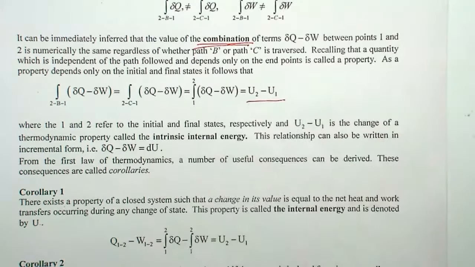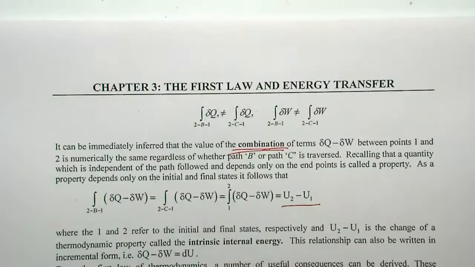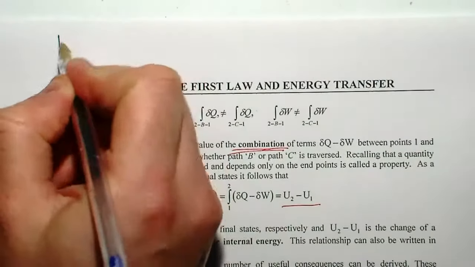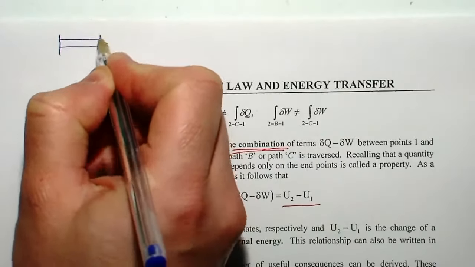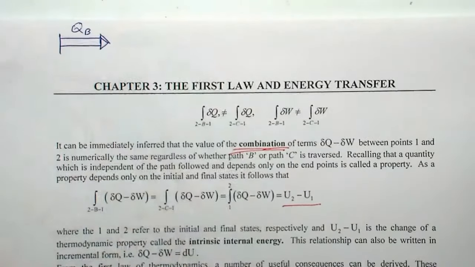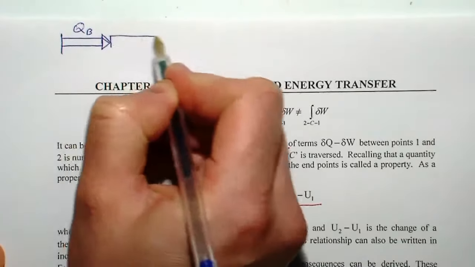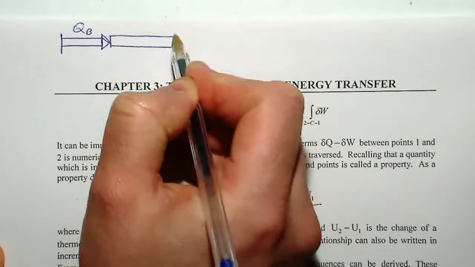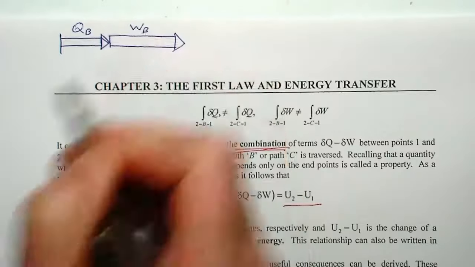Now let me just do a simple diagram to represent what I just explained. Let's assume that you've got this amount of Q, for example, for route B. And let's assume that you had this much of work for route B as well.